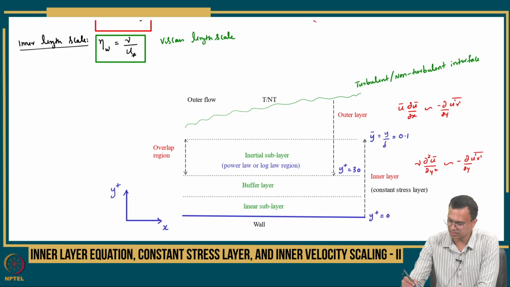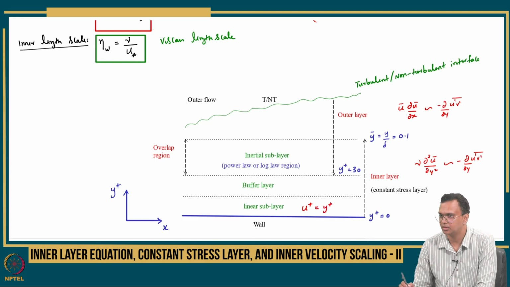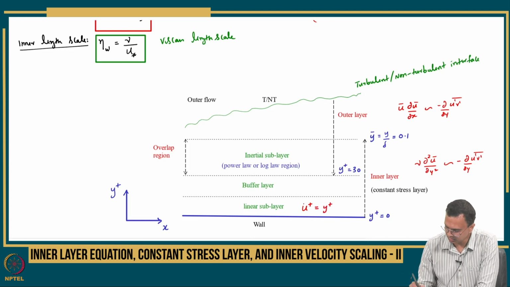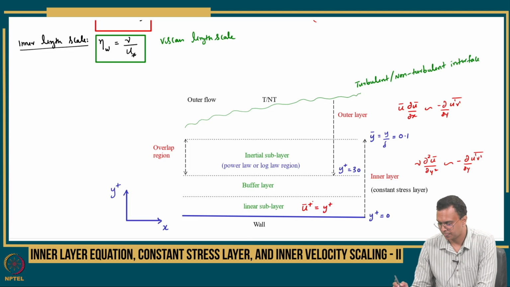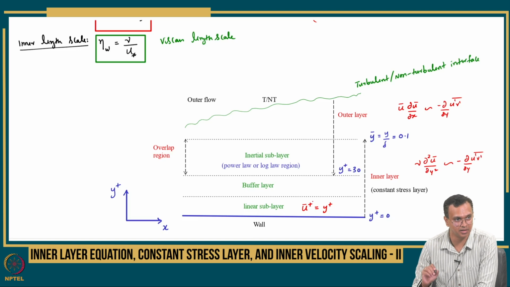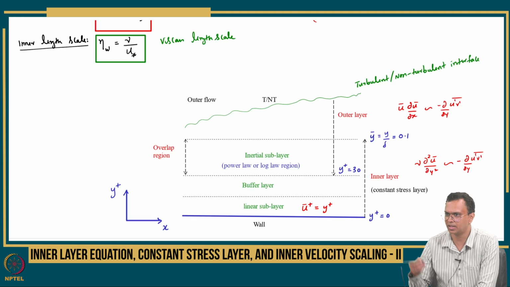In the linear sublayer, you will have what is called u plus equal to y plus. This is amazing here. U plus is y plus, that is the name linear. So your velocity there is nothing but your wall normal coordinate y plus. Y plus is your coordinate, wall normal direction.